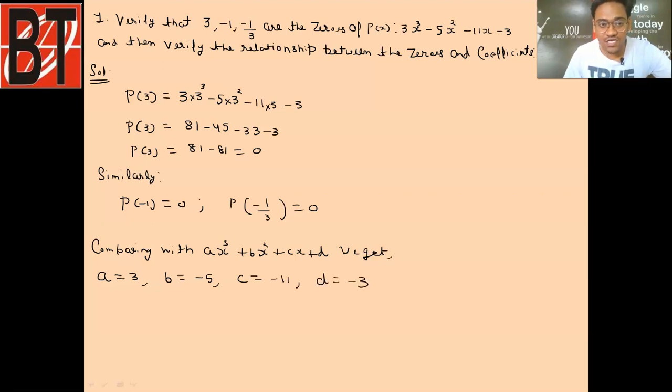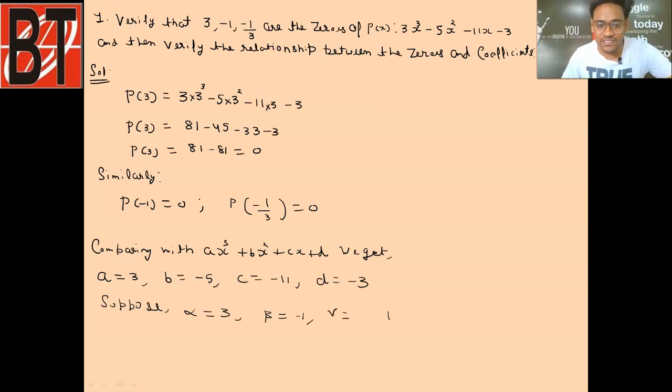Okay students, now we have the zeros. Now suppose I am taking zeros as alpha, beta and gamma. Suppose the zeros are alpha, beta, gamma, and I am taking alpha as 3, beta as minus 1. You can check any 0 as alpha, any 0 as beta, and any 0 as gamma.